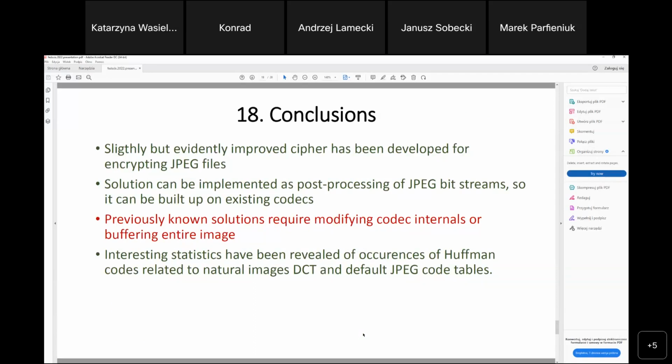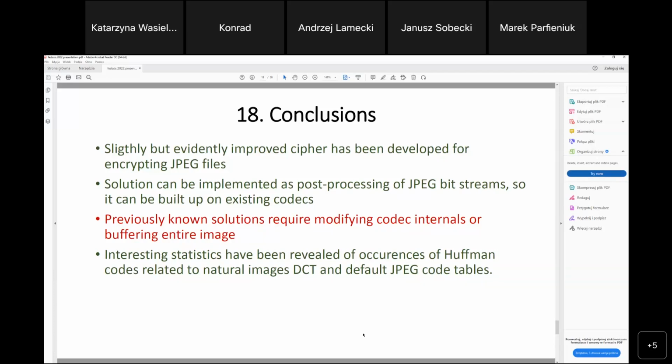On the contrary, some previously known solutions require modifying codec internals or they require buffering the entire image. So my approach is more lightweight.